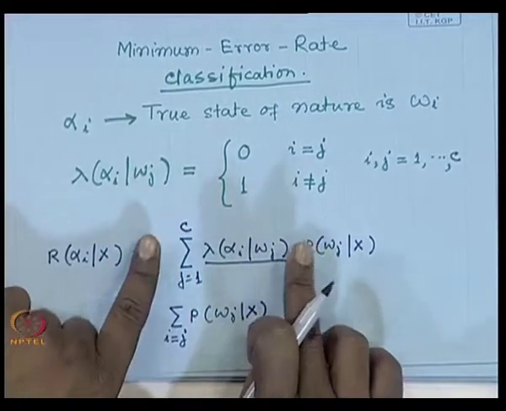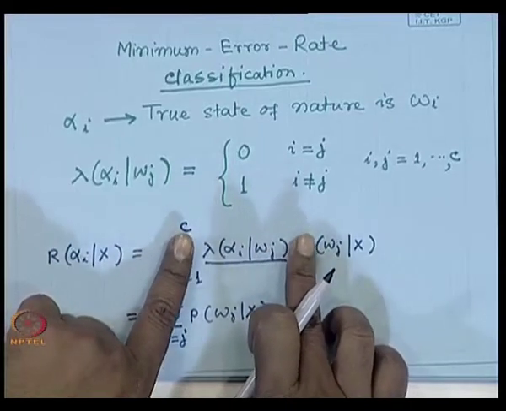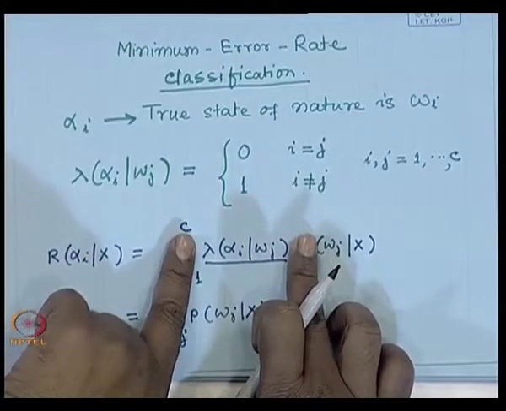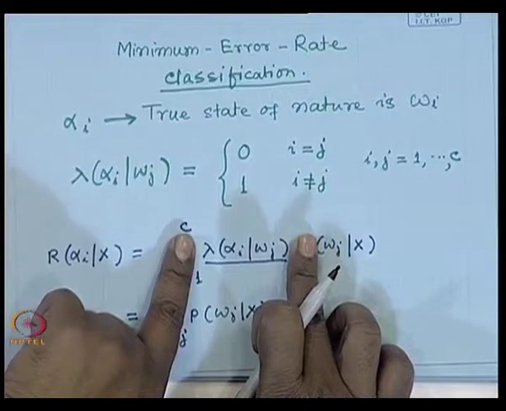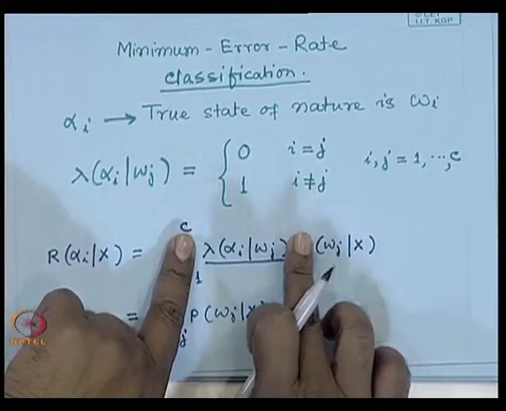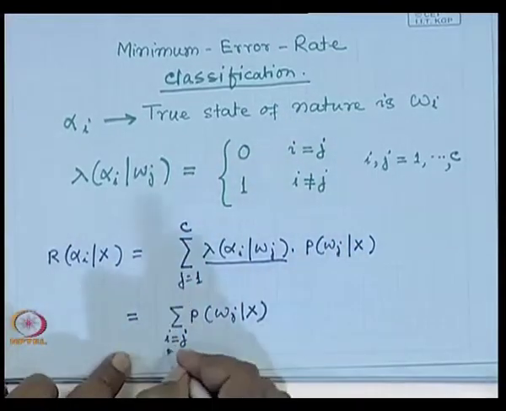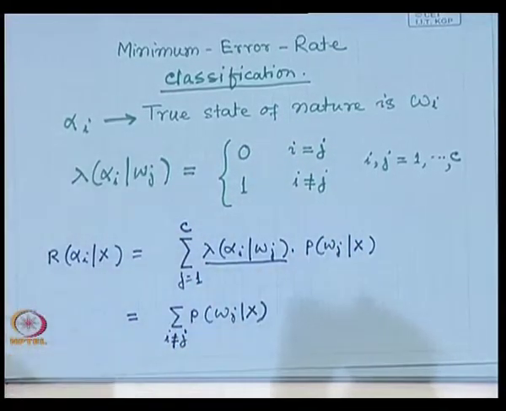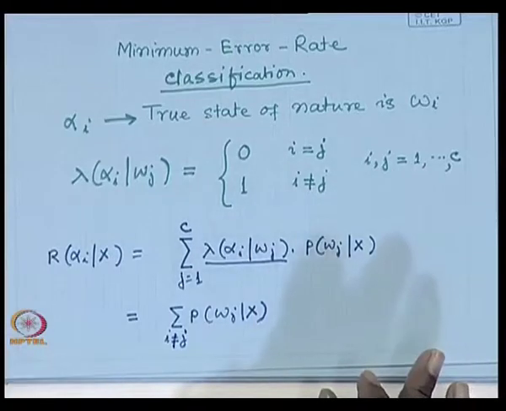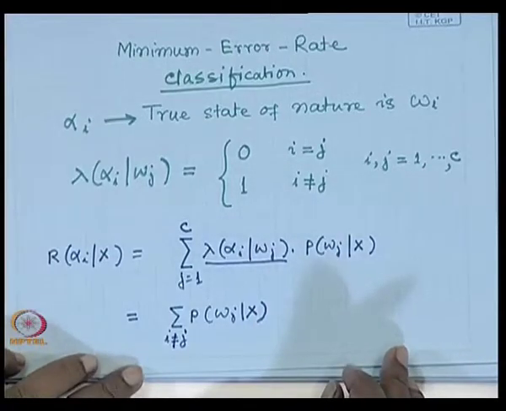Sorry, wherever I was not equal to j, this lambda alpha I given omega j equal to 1, and wherever I was equal to j, this was equal to 0. So, this summation will be wherever I is not equal to j, right.